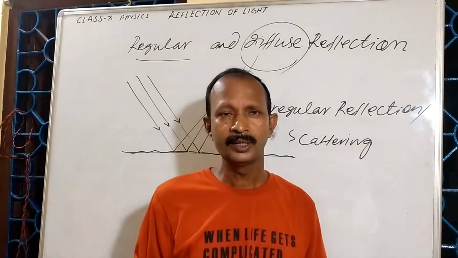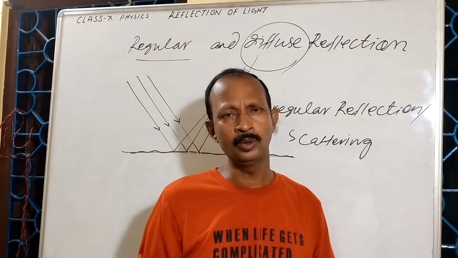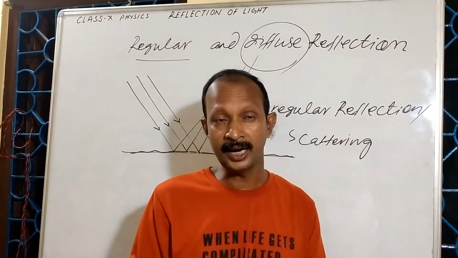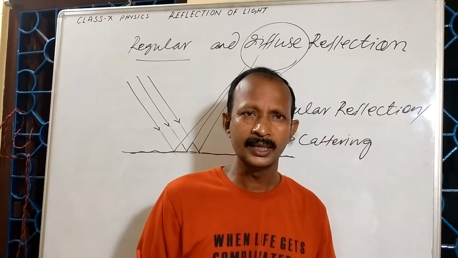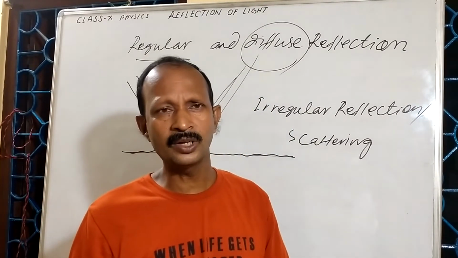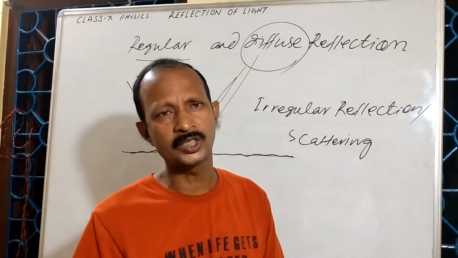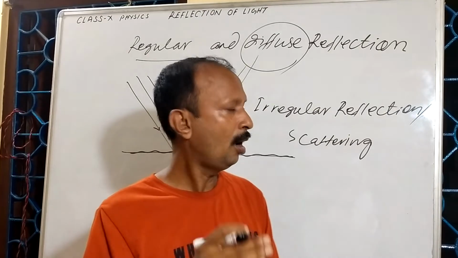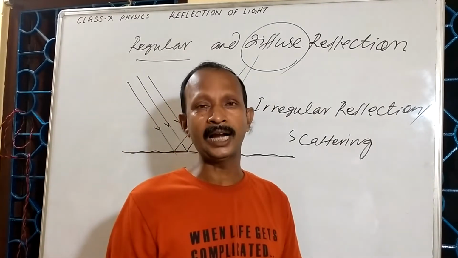That's why in whichever part of the room you look, the book will appear. The book is scattering the light. Here the reflection is irregular reflection, or we say diffuse reflection. Diffuse, or we can say it is scattering.